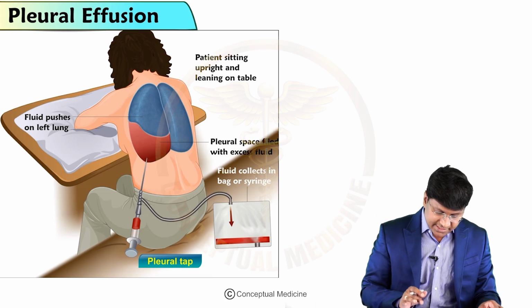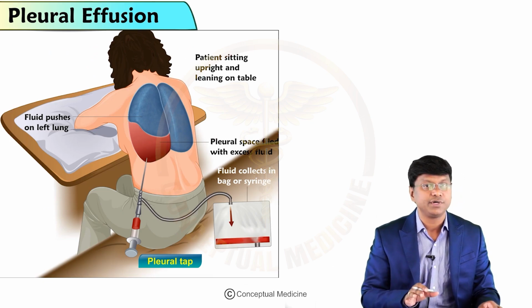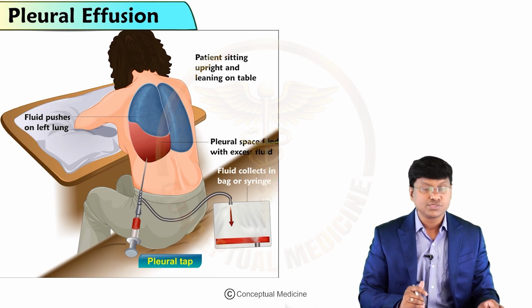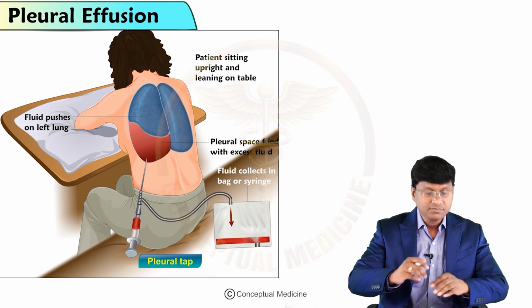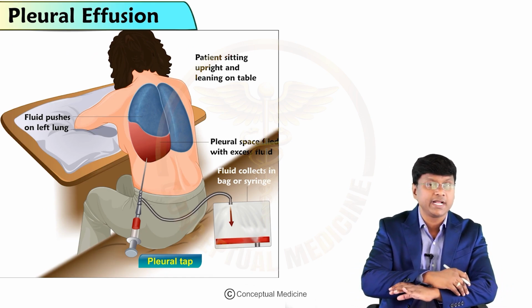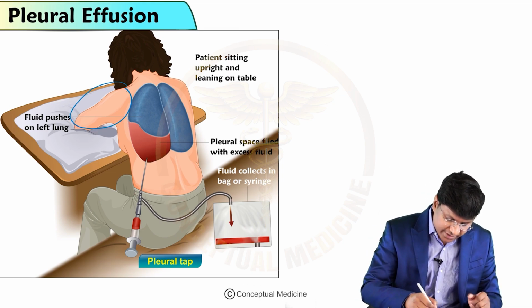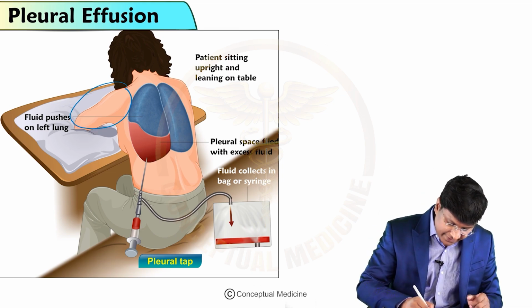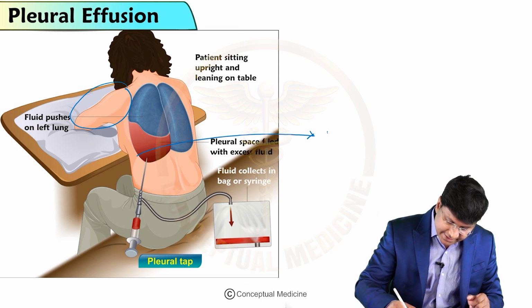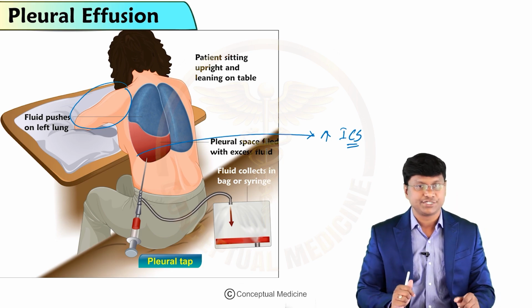This should be the position of the patient whenever you are doing the procedure: the individual has to rest the arms over a couch or a table. The use of this is that it increases the intercostal space for the needle insertion.